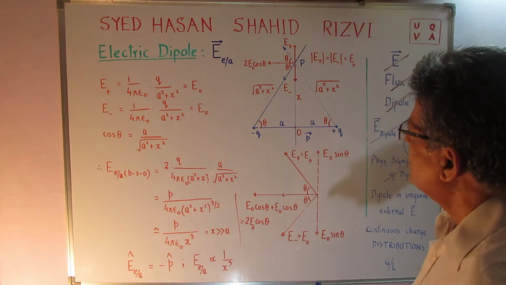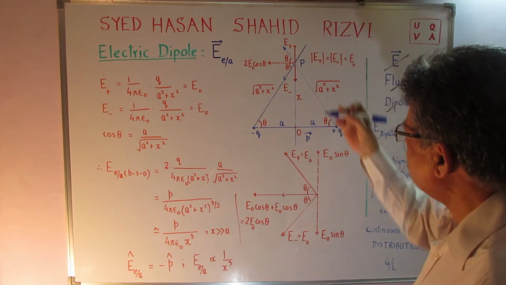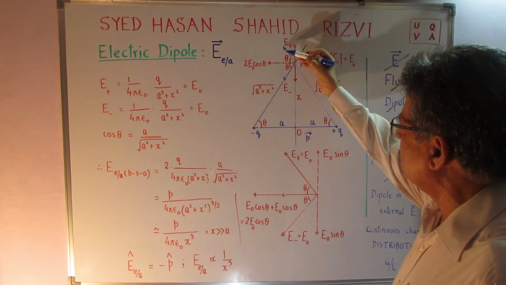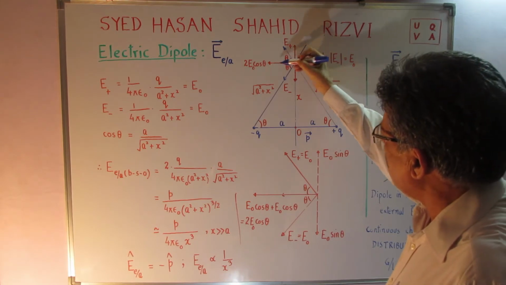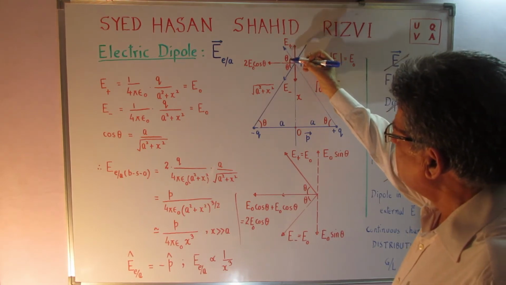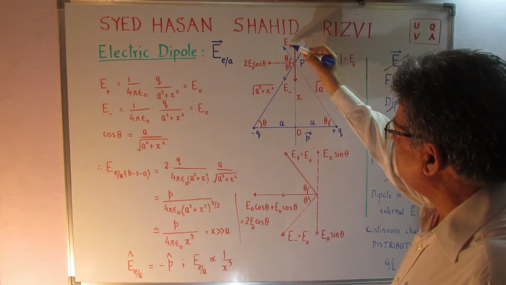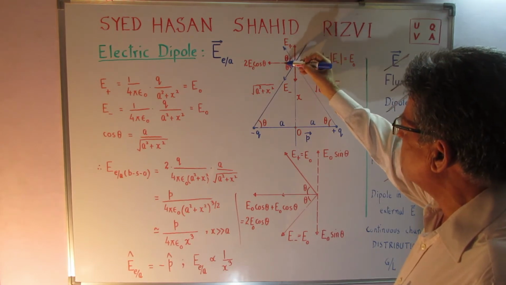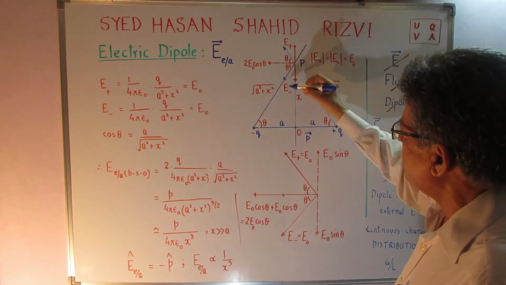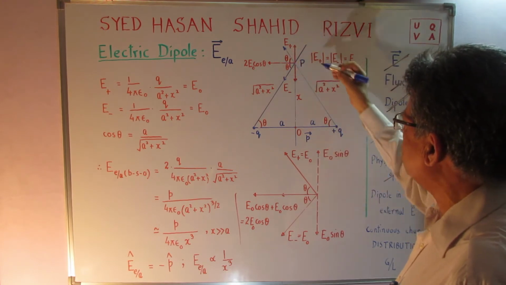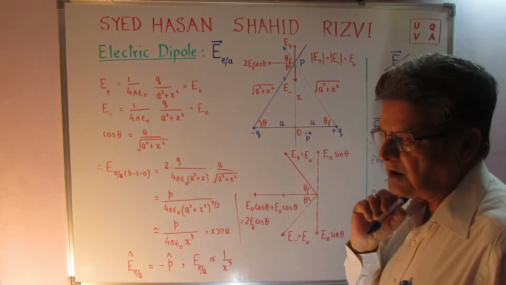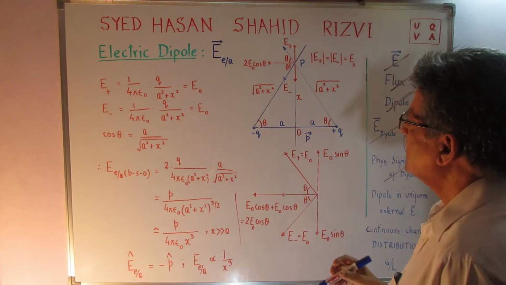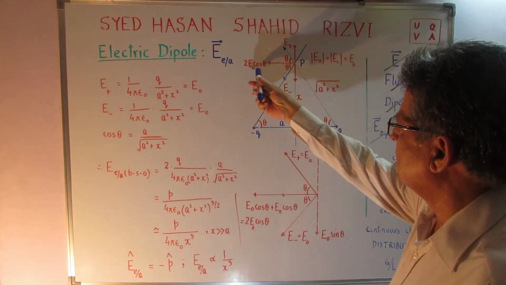If I resolve this electric field along this direction, then this will be the value of the electric field, E plus into cos theta and E minus into cos theta, and I've taken both E plus and E minus to be equal to E naught. Therefore, this becomes equal to 2 E naught cos theta.